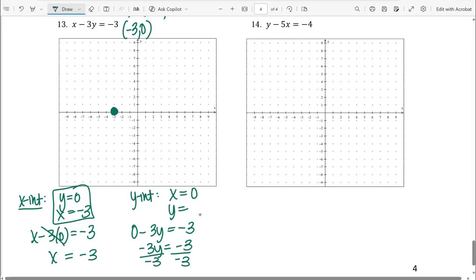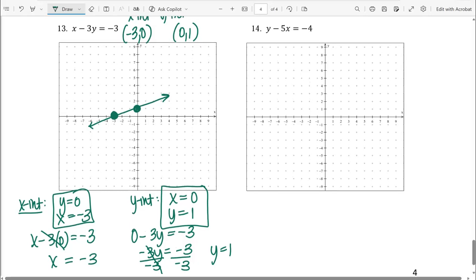And divide -3 to the other side. -3 divided by -3 is a +1, which creates a second point. This time, a y-intercept, a y value of 1.